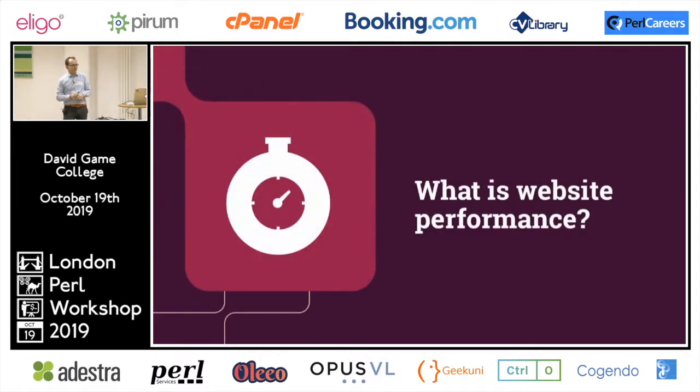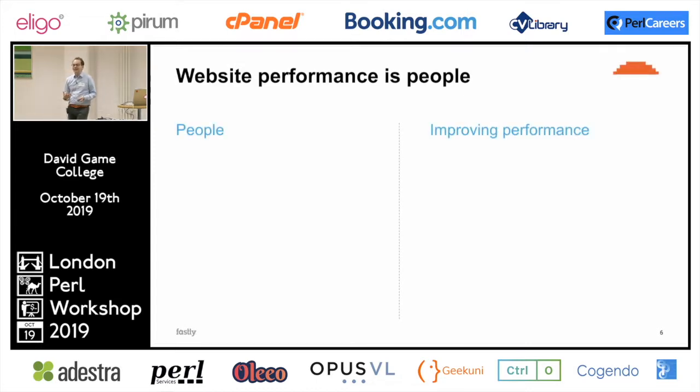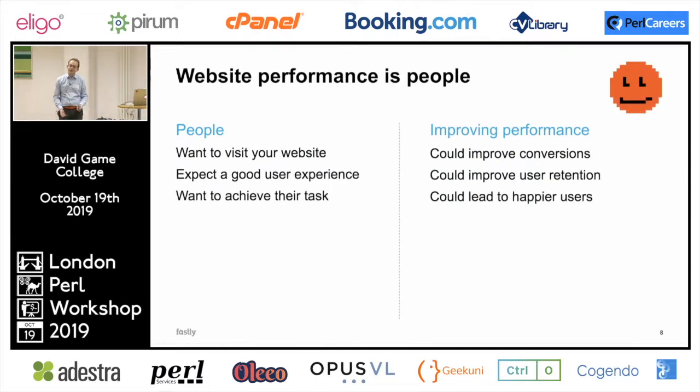So web performance is when you're going to a presentation and you want to see the whole slide at one time, right? But the slide goes so slowly that you really can't see any of the content. It's like when I go to a website, I'm trying to achieve a task. I don't want to wait for the image to load or for the fonts to load.